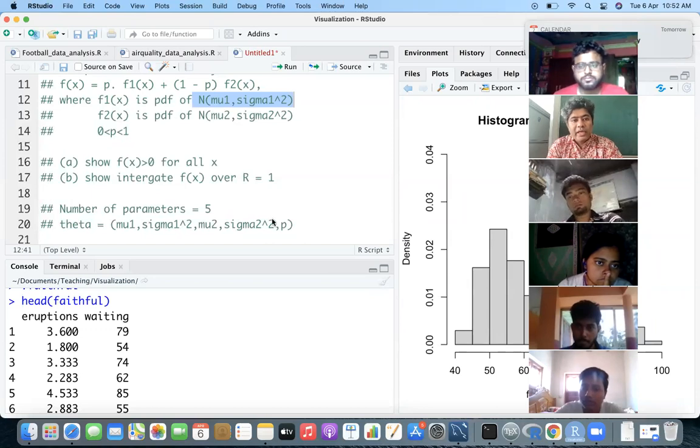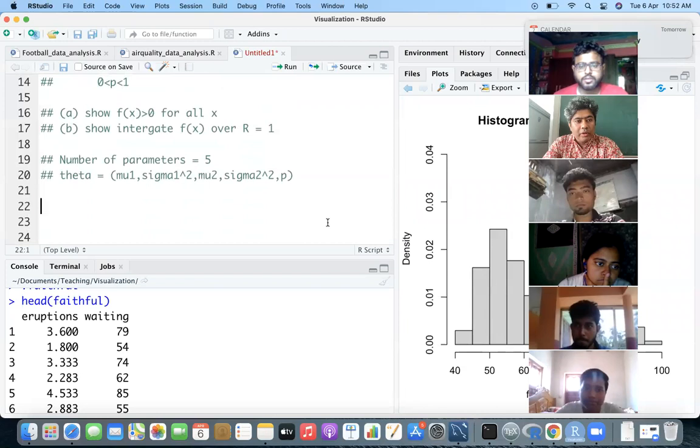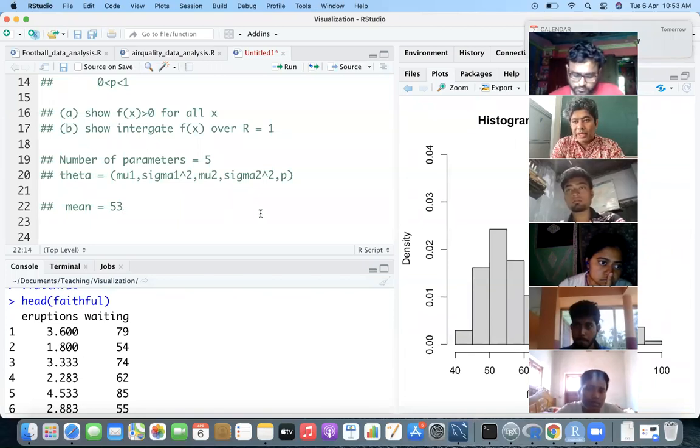What I'm trying to say is, the intuition behind this 5 is that maybe I can take the mean as around 52, 53. I'm just throwing out some numbers, don't take them seriously.